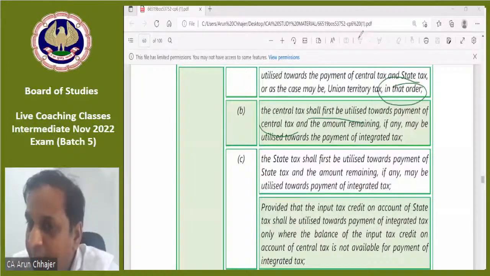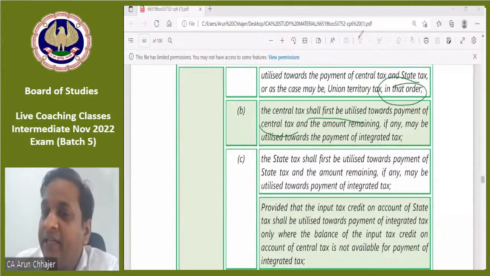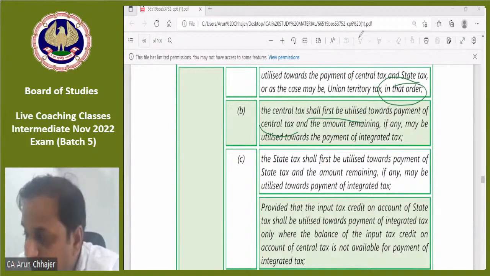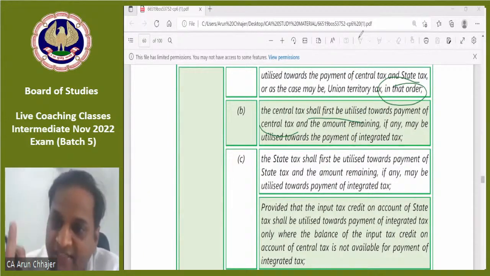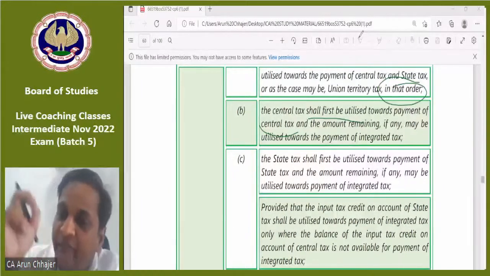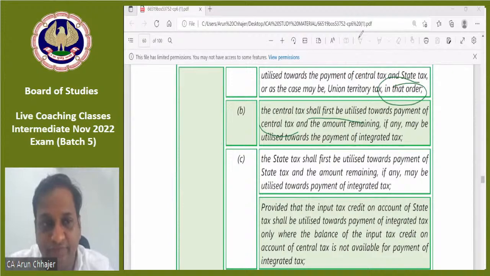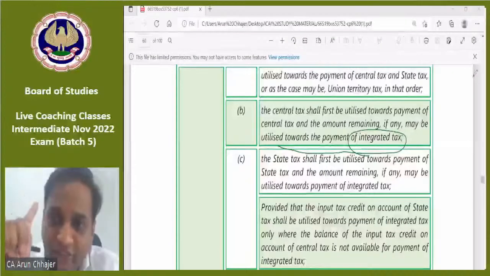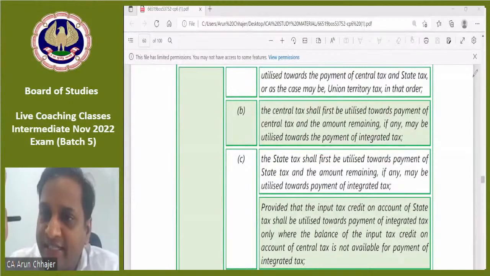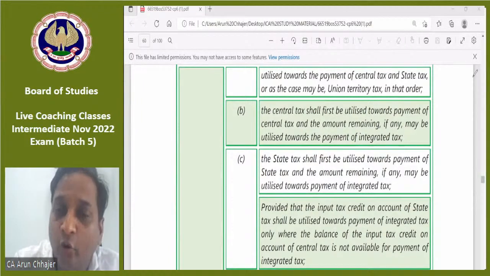Again the same point: if you have tax liability under each head and ITC under each head, one thing is crystal clear, that ITC will be given to its own tax liability first. Similarly, SGST ITC shall be first utilized towards the payment of state tax, and if balance is lying extra, that will go to the IGST.